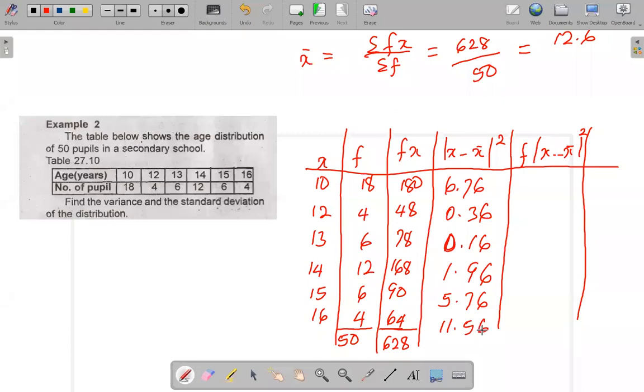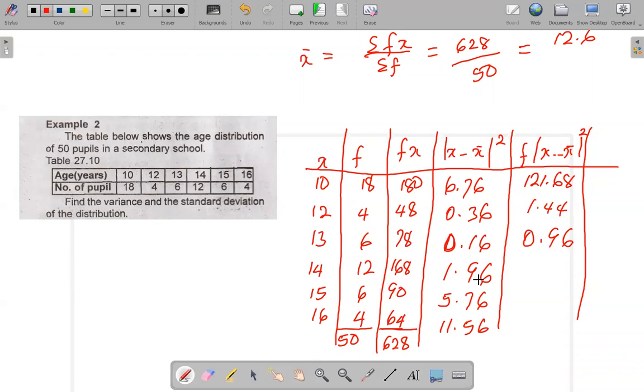Now our F multiplied by X minus X bar squared. That will be F, 18, multiplied by this, will give me 121.68. And 4 multiplied by this will give me 1.44. 6 multiplied by this will give me 0.96.